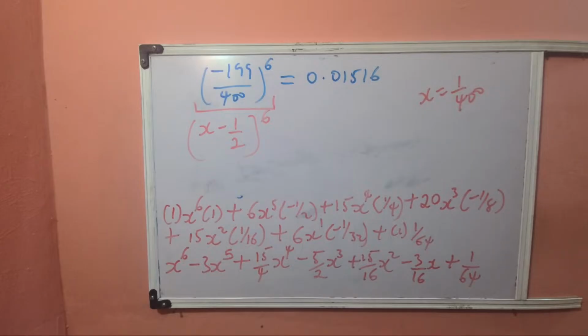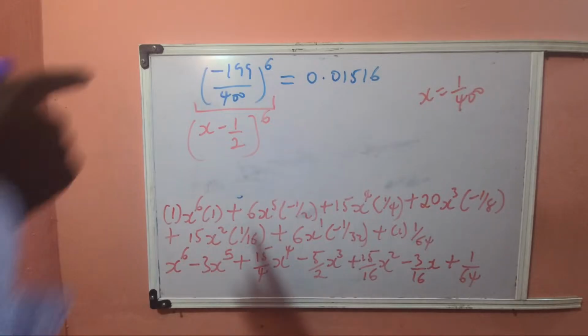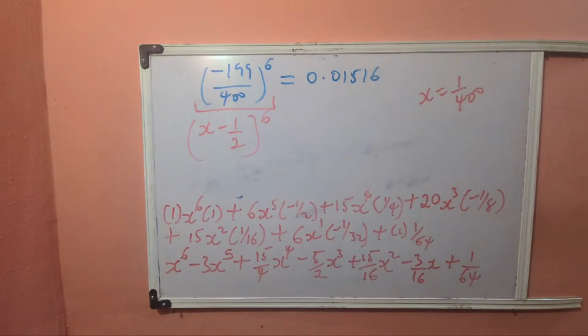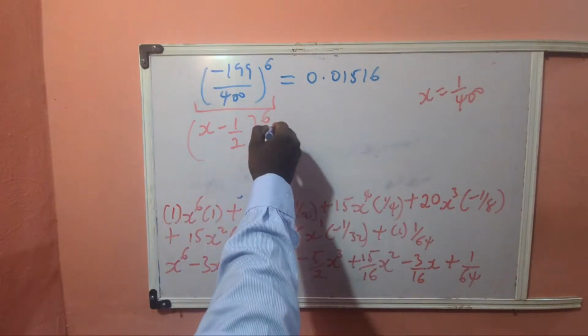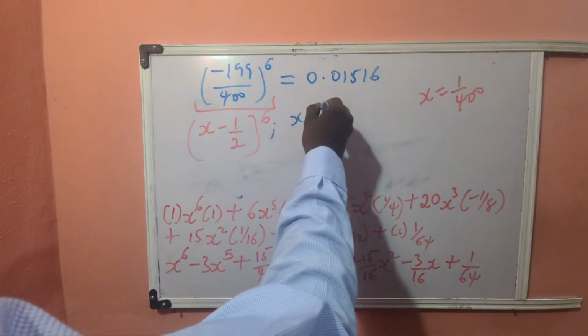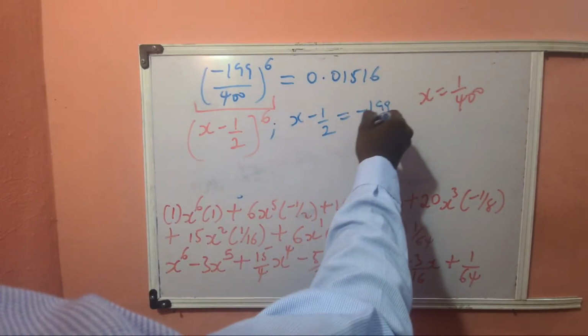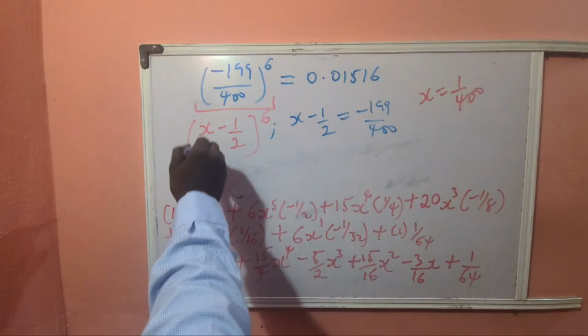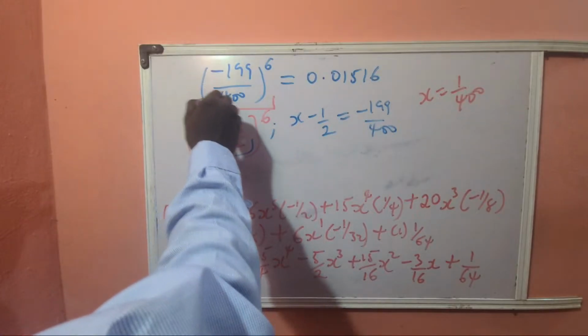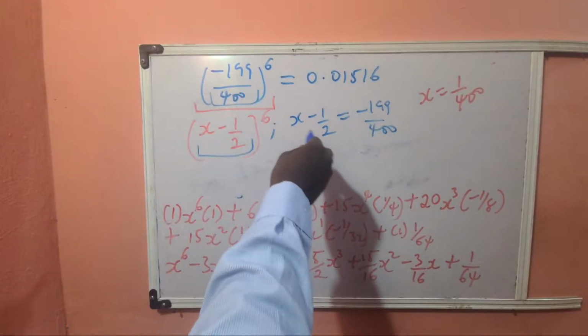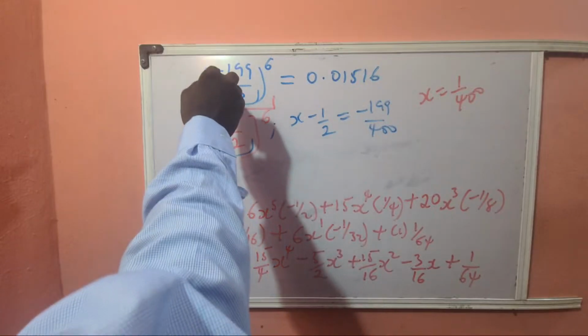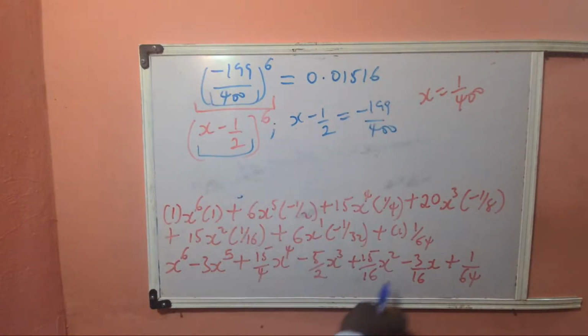Of course, if you were told to get the answer for minus 199 over 400, what do you have to do? Well, you have to go on to say x minus 1 over 2 is equal to minus 199 over 400. Of course, you will take the values here and equate them with the values here. From here, you'll be able to get your x value that will fit into this expression and give you this value.